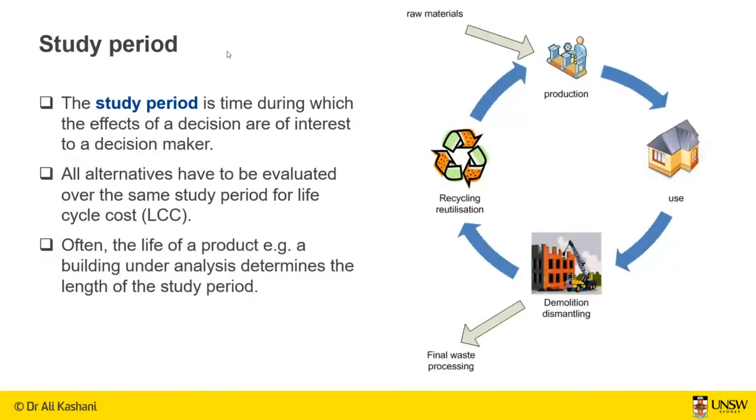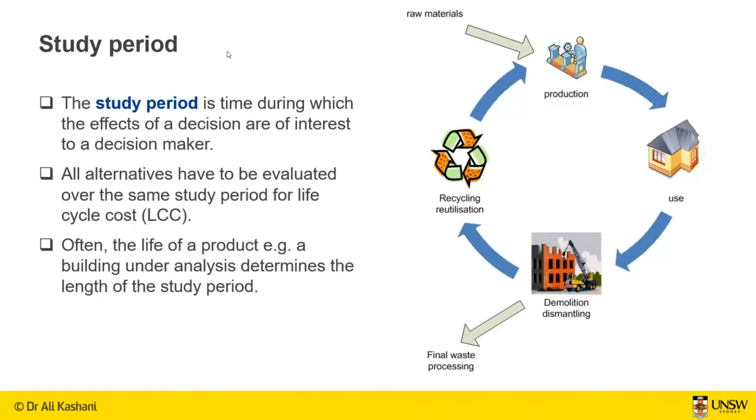The other thing that you need to consider is that the life of a product, for example, a building under analysis, determines the length of the study period. For example, if you're going to use that building for rental income, the life cycle of that building determines your study period. Some buildings have a 30-year life. Some buildings may have up to 50 or 60 years of life.